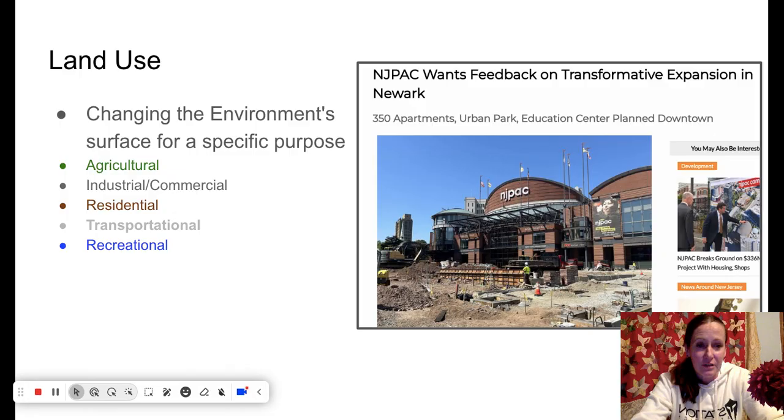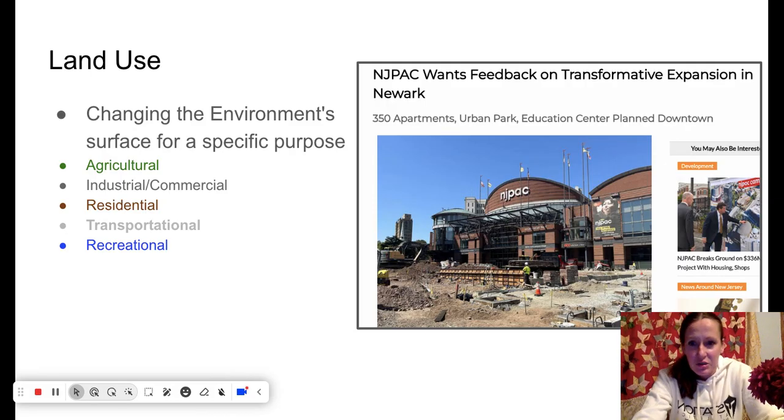And finally, we have land use. And there's a whole multitude of ways that land can be used by humans, but it's any time that you change the environment surface for a specific purpose, right? If you're chopping down trees to put in a golf course, if you're knocking down trees to put in a store or a road or a highway, you're planting crops, right? You're putting in a reservoir, right?